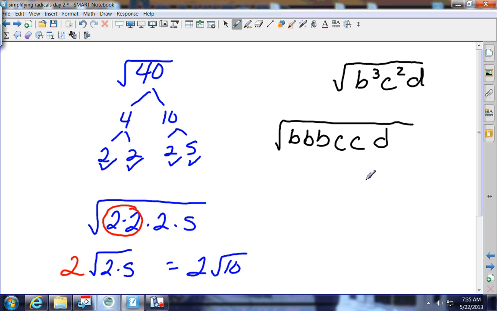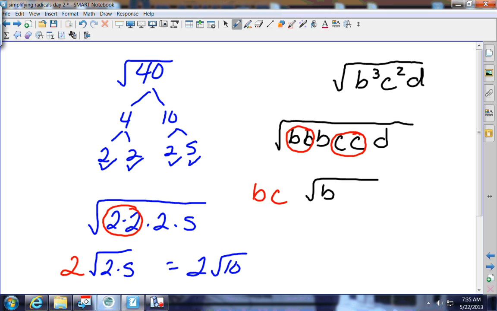How are you able to come out of the house? With a pair, with a friend. So I've got 2 B's right here. So those B's get to come out. What about this B? It stays inside the house. I've got 2 C's.